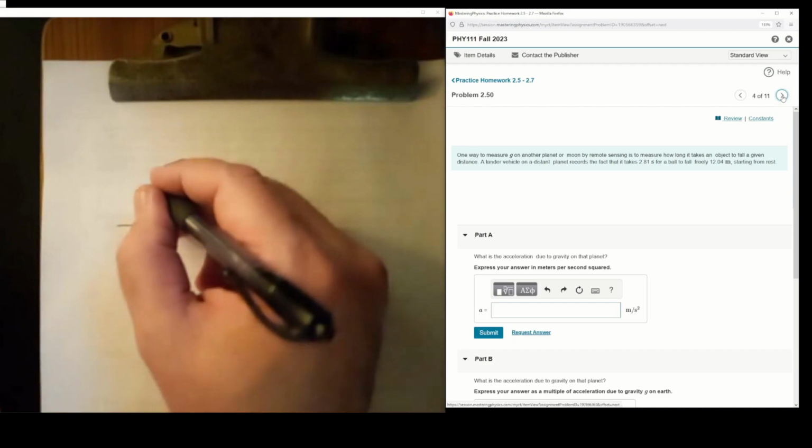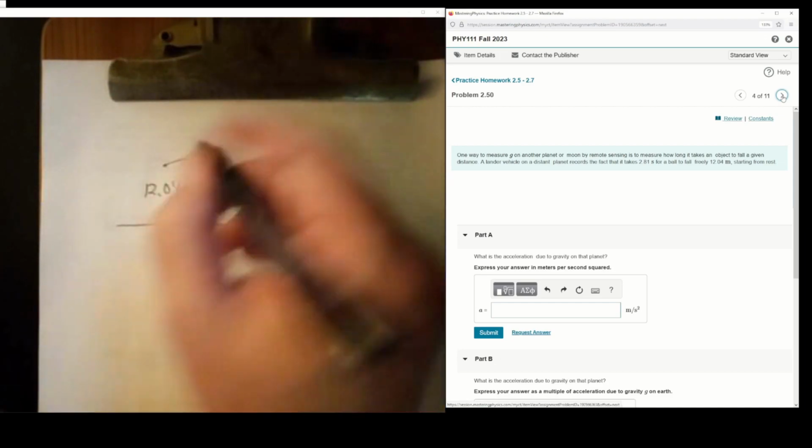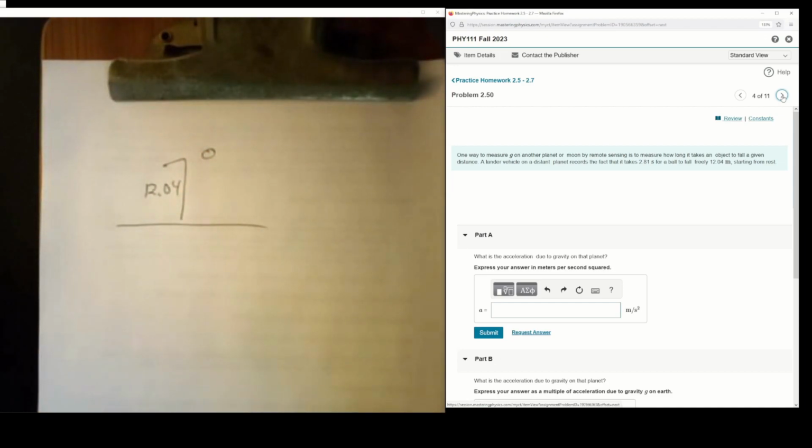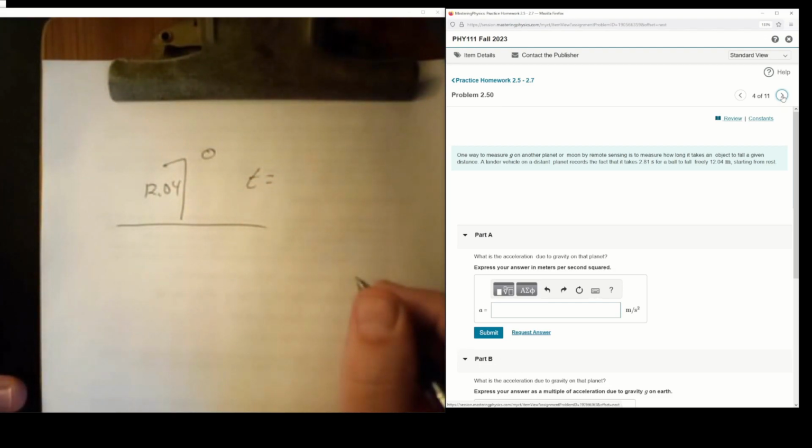You could stand at some height. So they're standing at some height, 12.04 meters above the ground. They just drop some object. So just like the last problem, they're just going to drop it and use a stopwatch or something to measure that time.